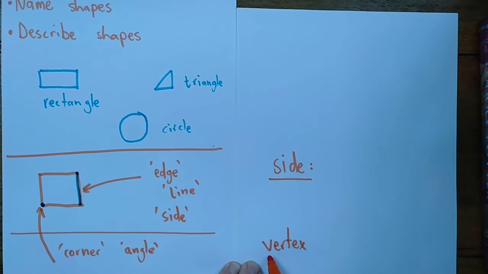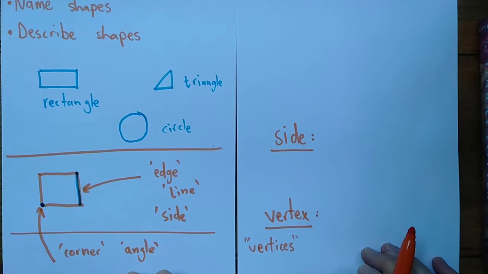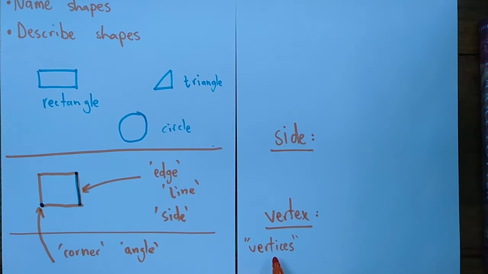And be careful, the plural of vertex, so you might also see this as vertices. I've got to check how to spell this. Vertices. So we might have two vertices or three vertices, where we just have one vertex. Oh, that's off the screen. Sorry. Two vertices or three vertices where we just have one vertex.